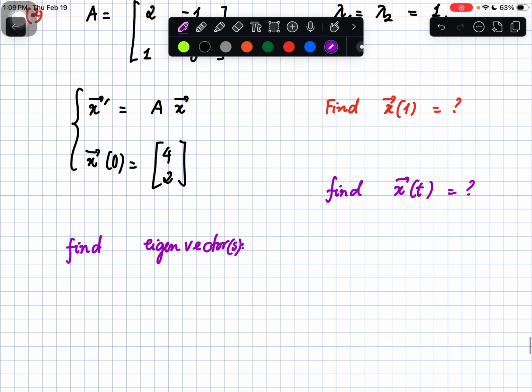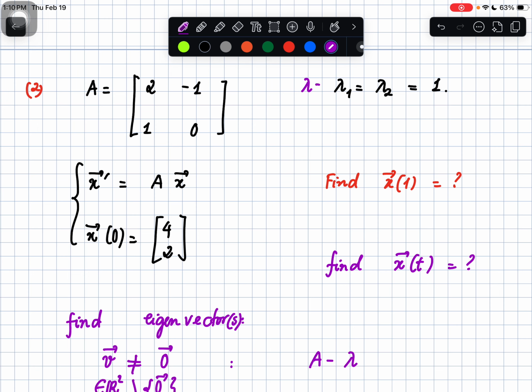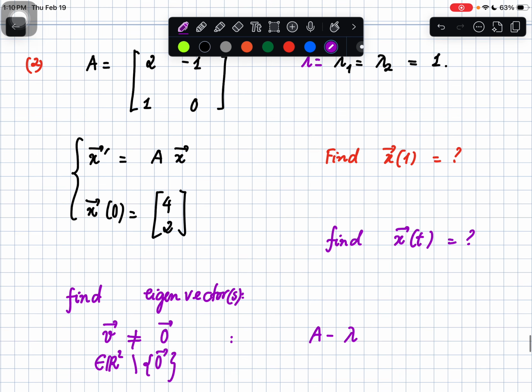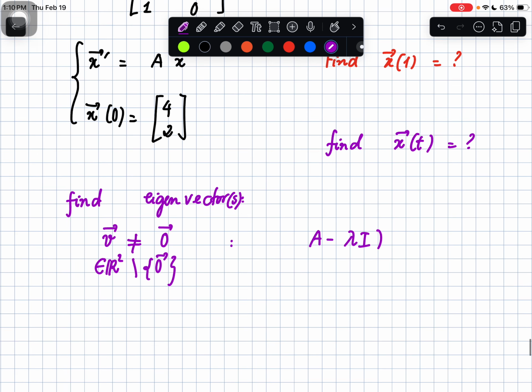So v is an eigenvector, v is non-zero, v is in R2, such that A minus lambda I, in this case lambda equal to lambda 1 equal to lambda 2 equal to 1, times v equal to 0.